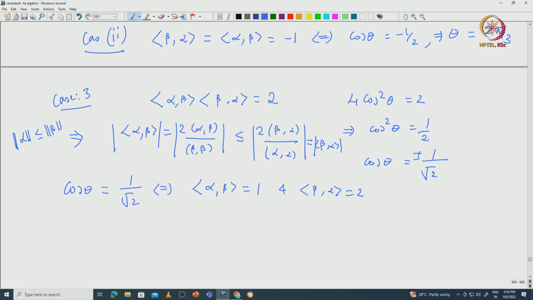That forces that we can take this to be 1 and this to be 2. So that is what happens when cosine theta is 1 by root 2.